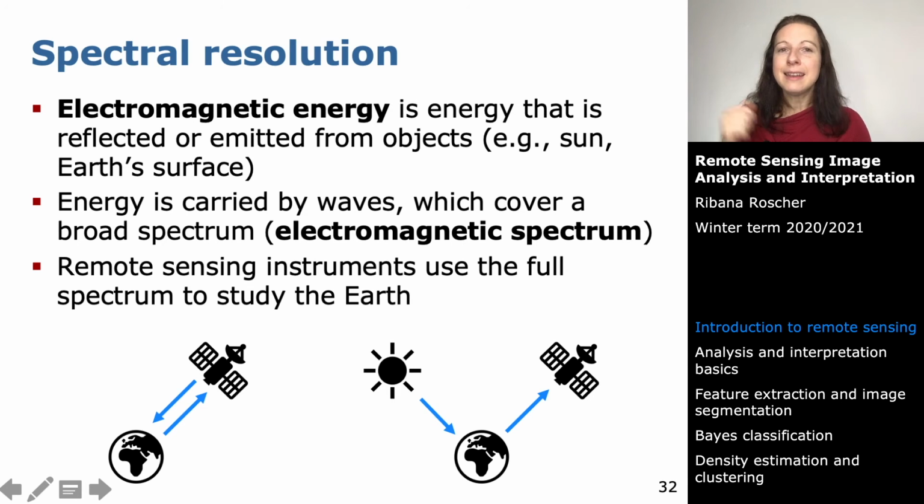And the interesting thing is that remote sensing instruments use the full spectrum of this electromagnetic spectrum to study the Earth. So we can only work and see within a small range of this spectrum, but remote sensing instruments can see much more than we can with our eyes. And this makes remote sensing so powerful and so interesting.